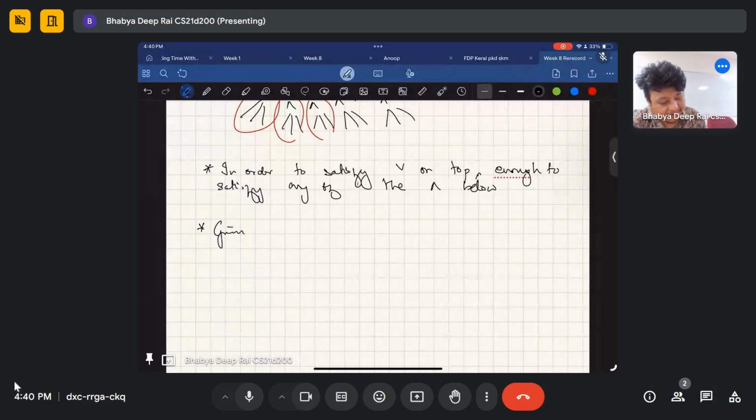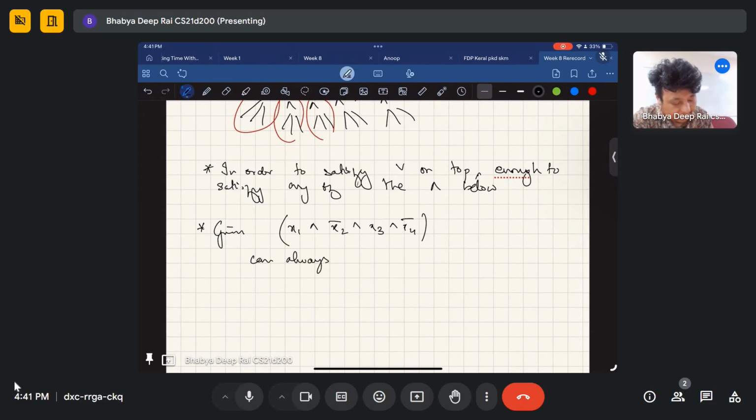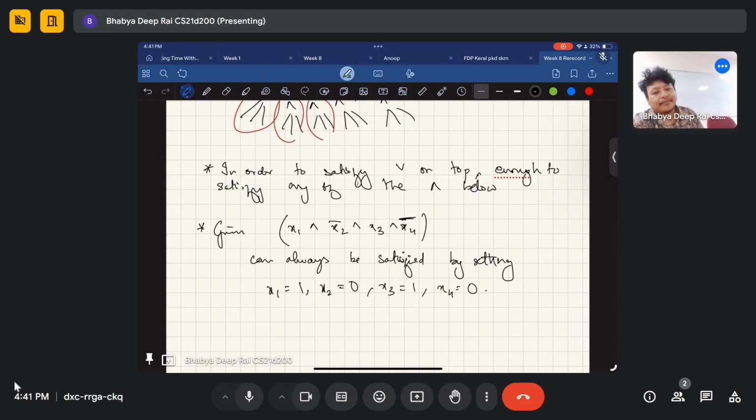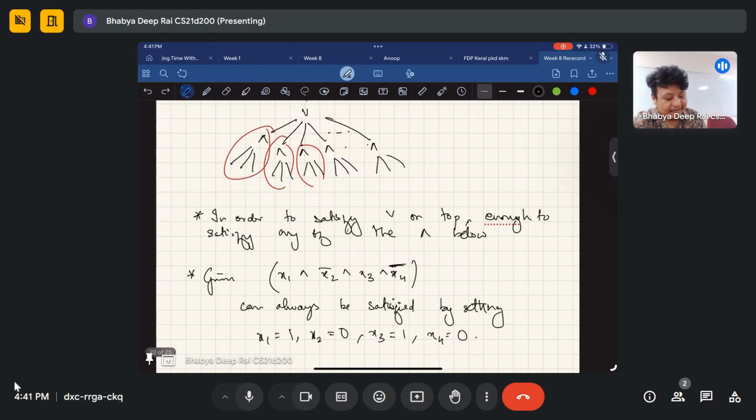Now, given an AND of, say, x1 and x2 bar and x3 and x4 bar, this term can always be satisfied by setting x1 is 1, x2 is 0, x3 is 1, where basically wherever you see a negation you make it 0, x4 is 0, and once you do that this entire term will become true.